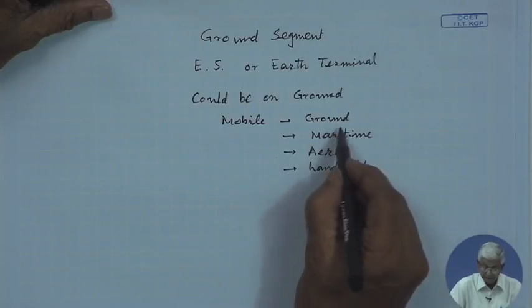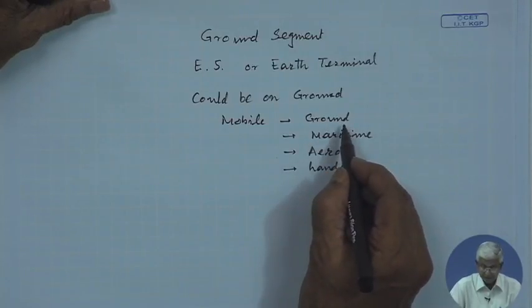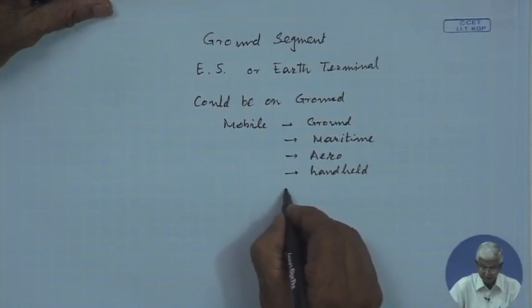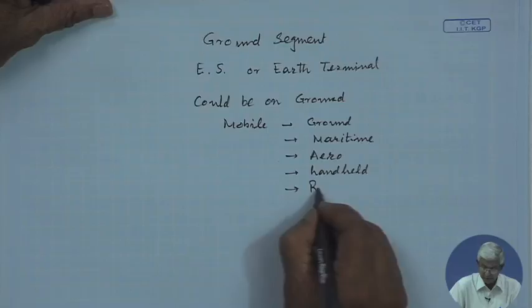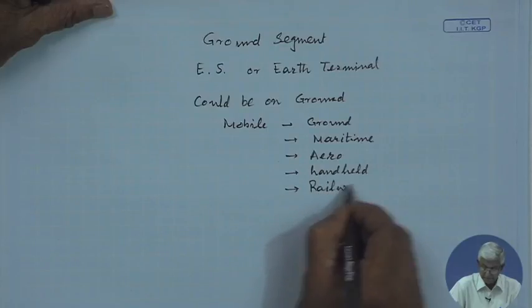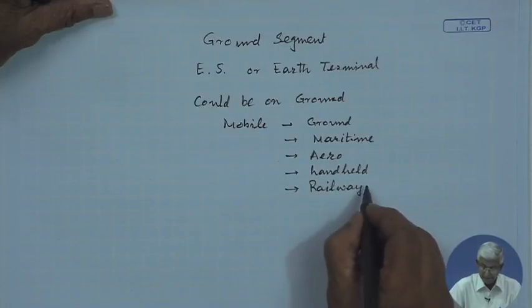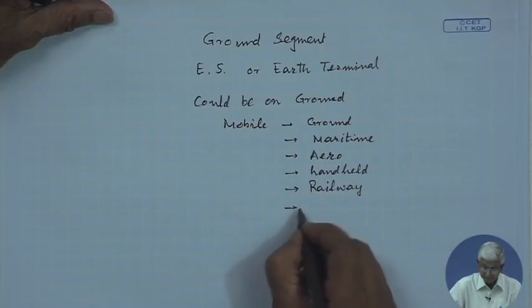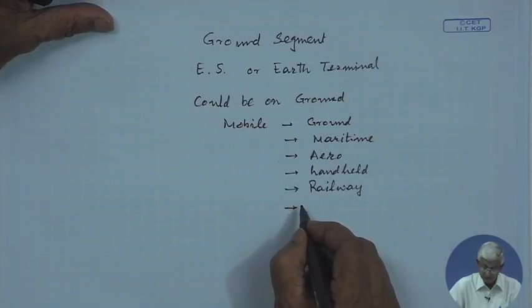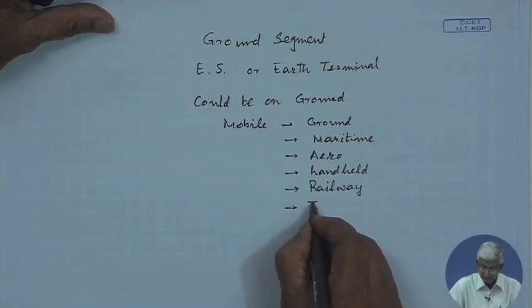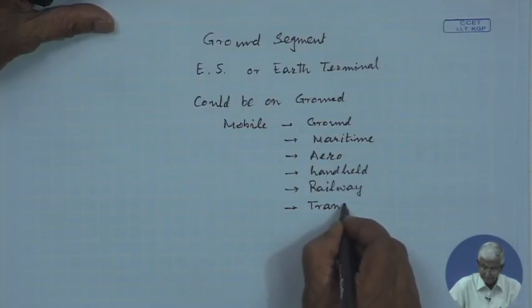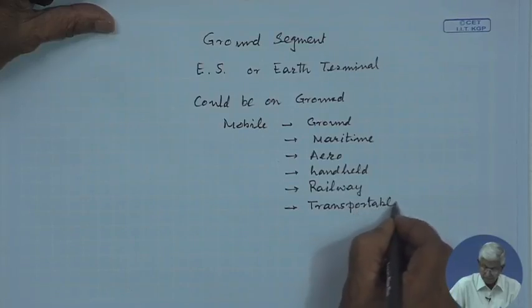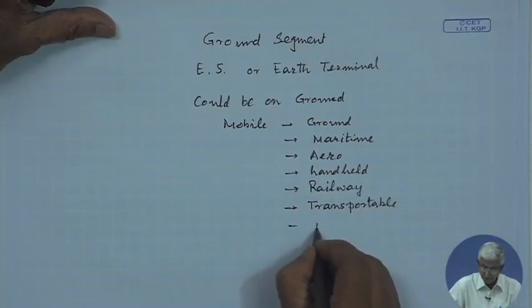There is another type of ground mobile which is recently being investigated and certain standards have come. It has not come in the textbook yet, which is railway mobile. And then another type of mobile which is called transportable, or simply portable.